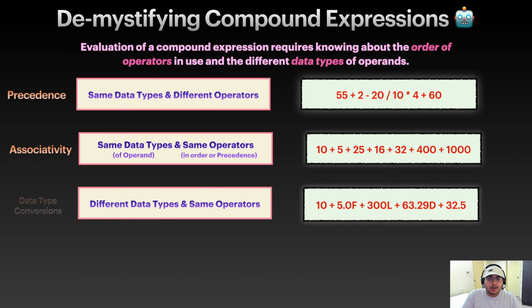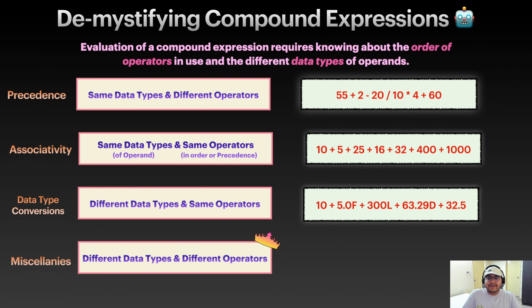Next, we will explore expressions with different data types for operands but the same operators, introducing type conversions and casting. Finally, we will discuss how to solve any such miscellaneous general compound expression. So these are all four possible combinations, and we have divided it into four segments based on that reasoning.